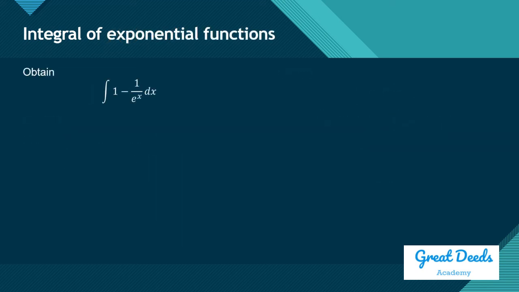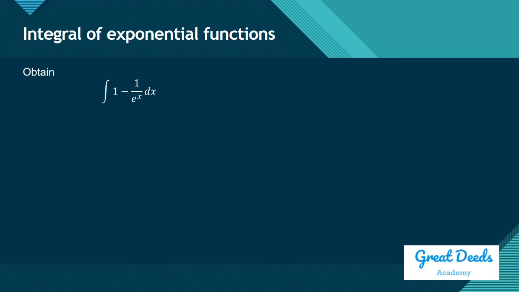How about this? You know what? This is one of the functions that appear frequently in many disciplines. In stats, in demography, the study of populations, even in the study of the populations of bacteria, this function, 1 minus 1 over e to the x, appears frequently.